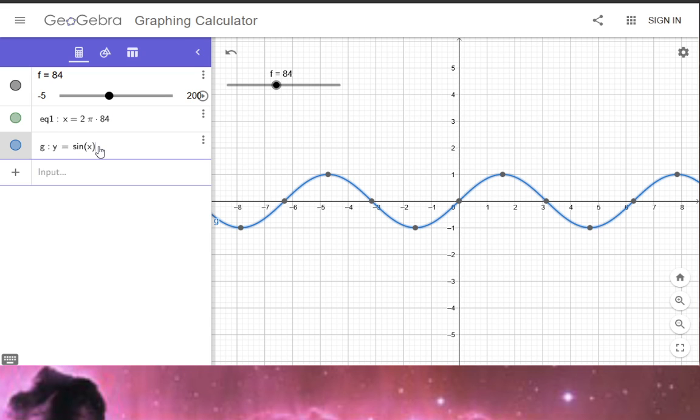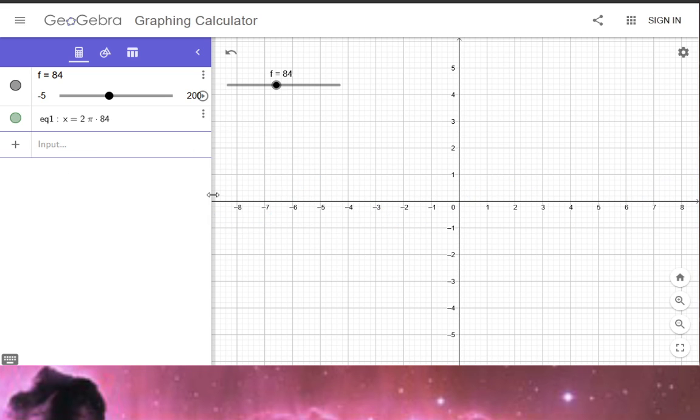It's not doing what I want it to do. y equals sine 2 times pi times f. Okay, now it's doing what I want it to do, but it's not showing the sine wave.